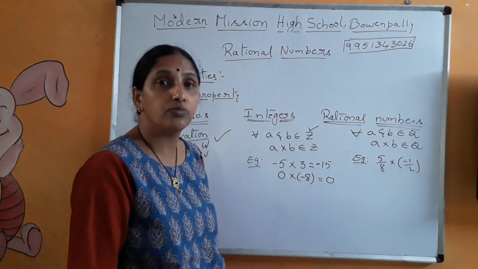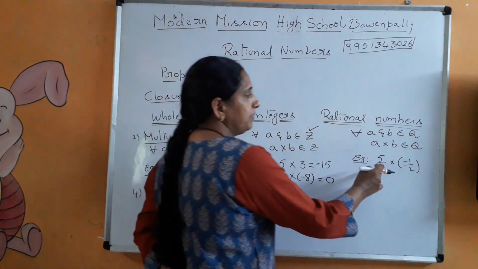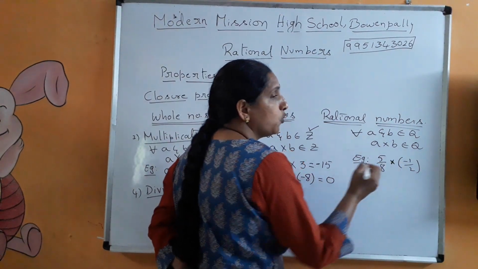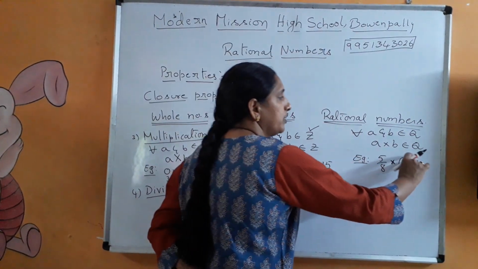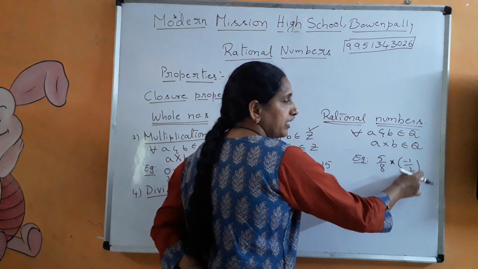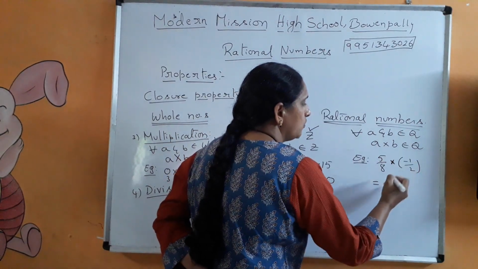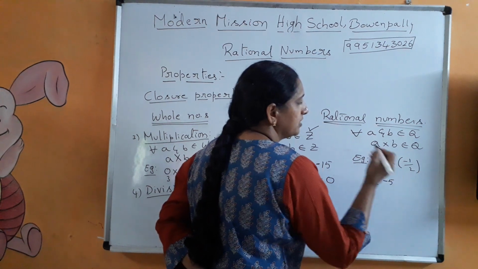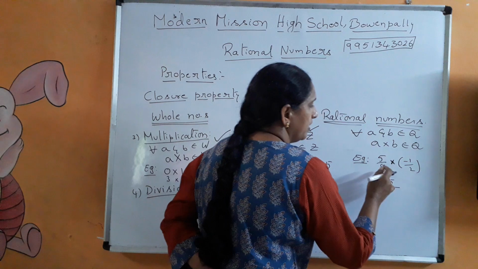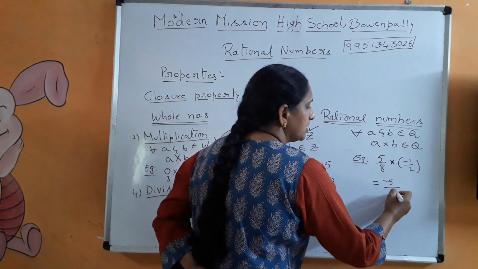Rational numbers are expressed in the form of fractions. Since it is multiplication, no need of LCM. You can directly multiply the numerators and multiply the denominators. So what is the result here? 5 into 1 is 5. You have plus 5 into minus, plus into minus is minus. Divided by, what are the denominators? 8 and 2. 8 into 2, 16.